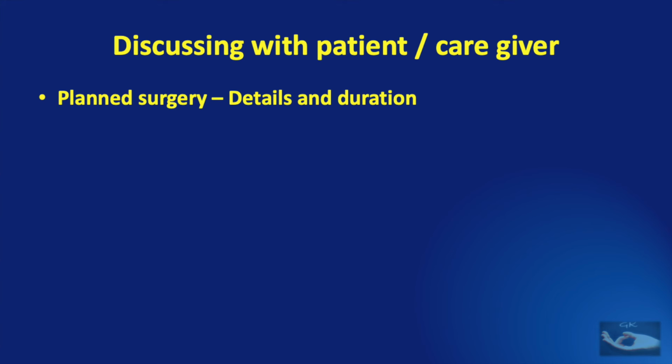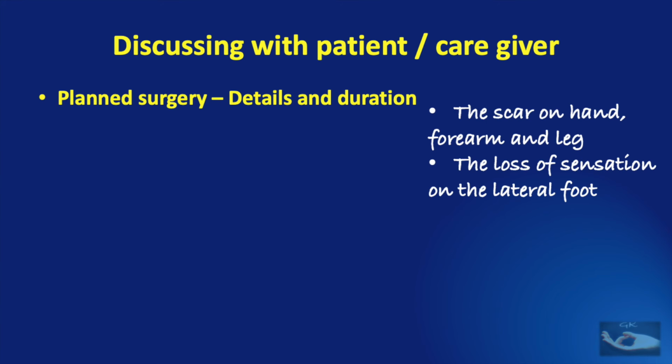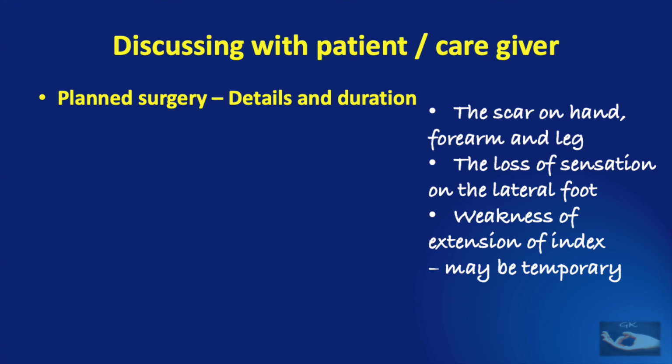We should talk to them about the scar that is going to develop on the hand and forearm, and also on the leg if a sural nerve graft is going to be taken, the resulting loss of sensation on the lateral aspect of the foot when a sural nerve graft is harvested, and the weakness of extension of the index finger after the tendon transfer, that is the harvest of the extensor indicis proprius. We also need to explain to them that it may be temporary and it will usually recover, and finally the duration of about 2 to 3 hours of surgery, so that the patient's attenders who are waiting outside will not get anxious when there is a delay.